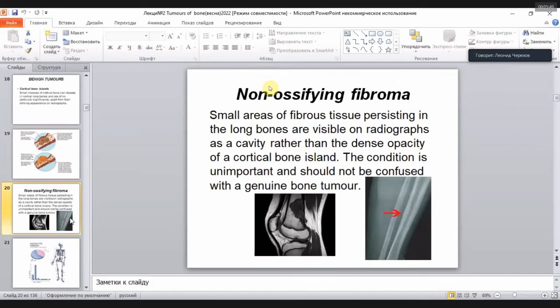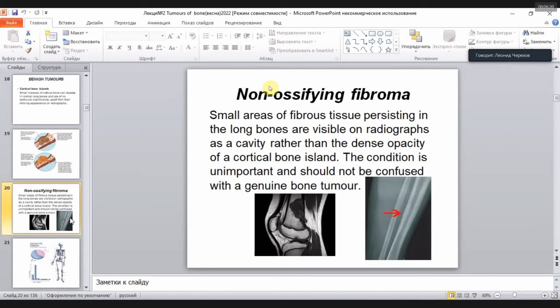Non-ossified fibromas. Small areas of fibrous tissue persisting in the long bone are visible on radiographs as a cavity, rather than the dense opacity of a cortical bone island.